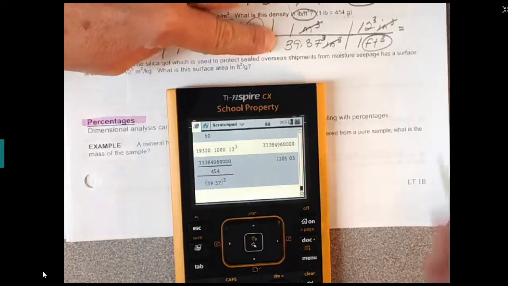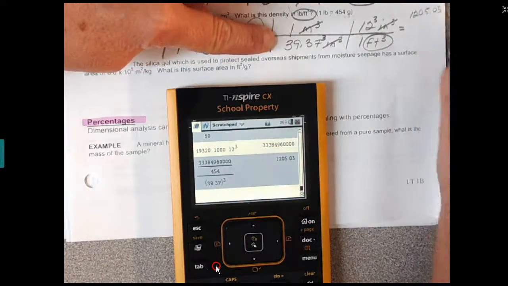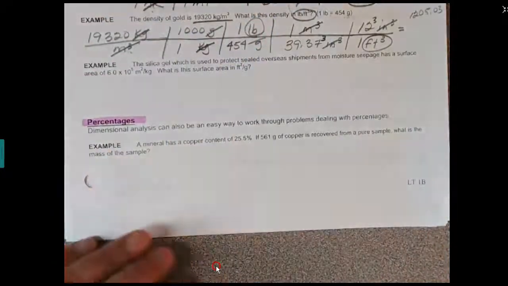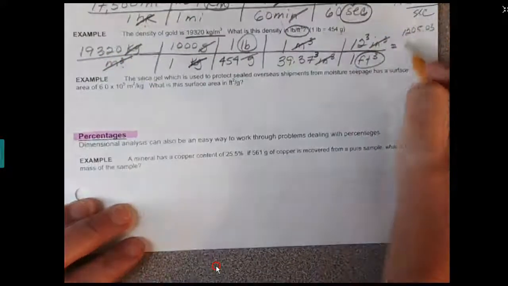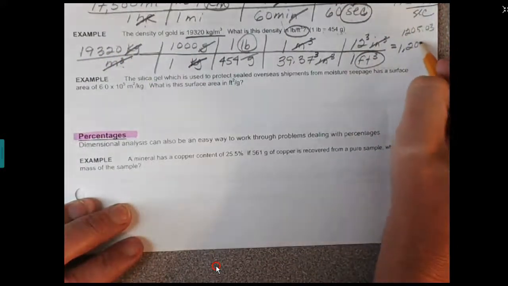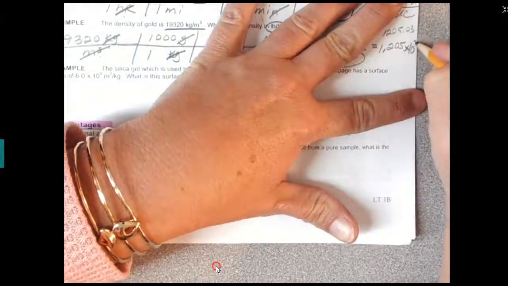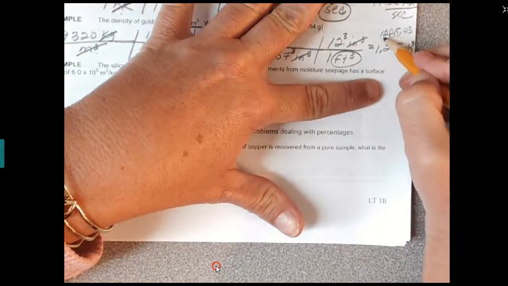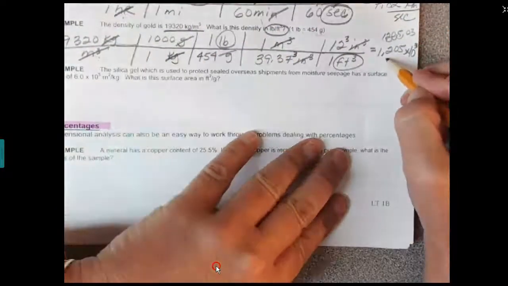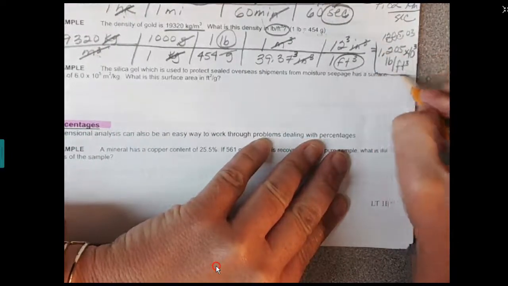And you hit enter. So my answer is, you got this in the calculator, but what does my answer need to be? How many significant figures? 4 sig figs. So I'm going to have 1.205 times 10 to the 3rd, because I moved my decimal 1, 2, 3 times, pounds per feet cubed. Put that in your calculator, okay?